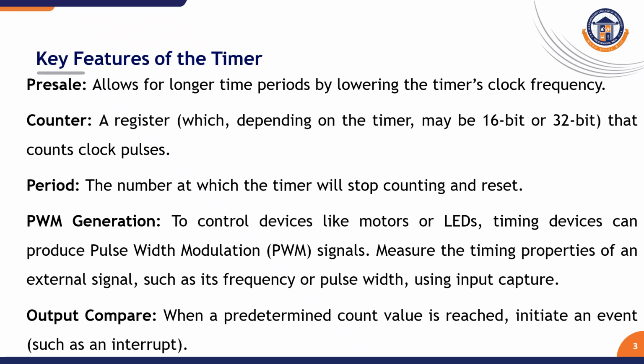Output compare: when a predetermined count value is reached, initiate an event. So that value is already fixed in the routine program. Once it is initiated and reaches the count, then it automatically switches over to some other event to initiate.